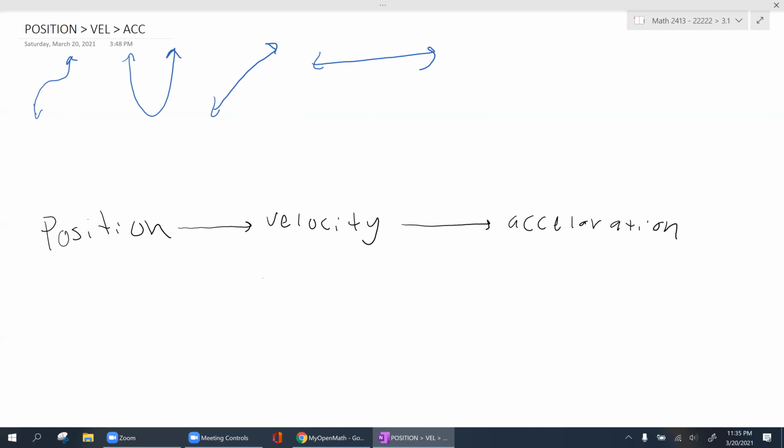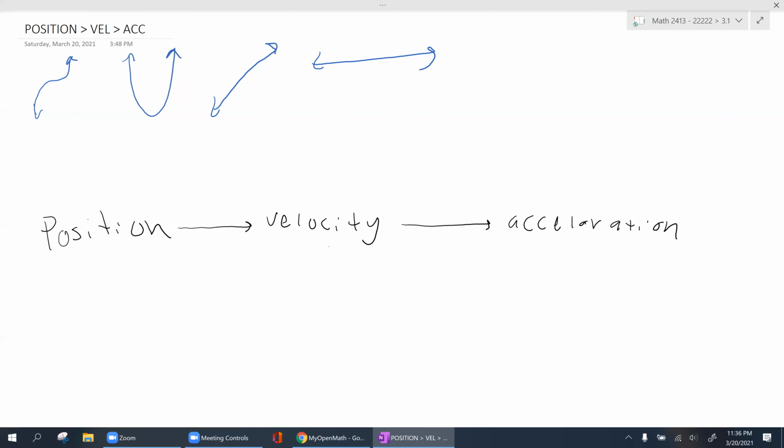Another thing to remember is if you start with velocity and you derive it once, it gives acceleration. We can work backwards, but we won't see it until towards the end of the semester. We'll see that much later. So remember that.